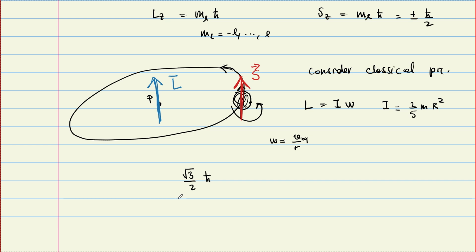That's the requirement coming from quantum mechanics. And we are saying that this should be equal to I omega. And if this is the case, this is going to be 2 over 5 m r squared times v equator divided by r. So this r is also the radius of the uniform sphere.